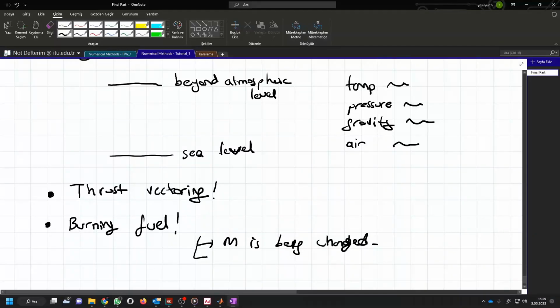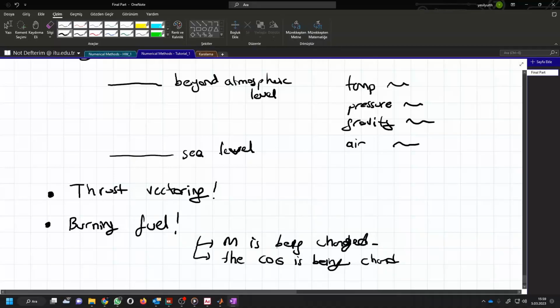Moreover, the center of gravity is being changed. So we can't place the fuel symmetrically on a missile body. Because of that, the center of gravity is being changed while the fuel is being burnt.